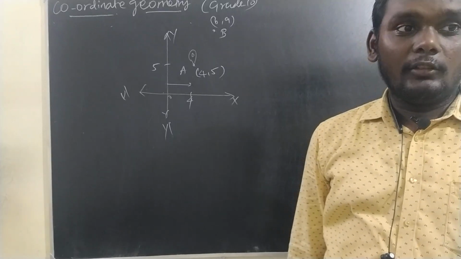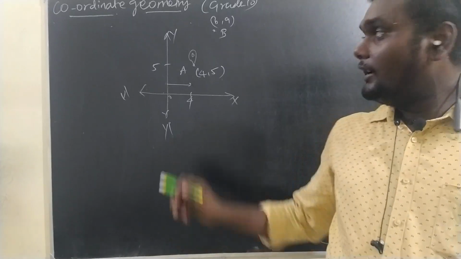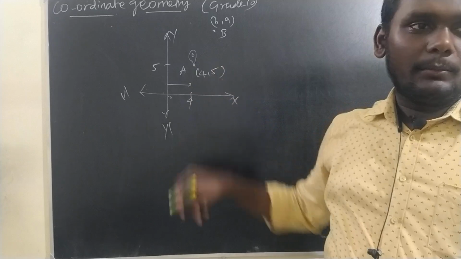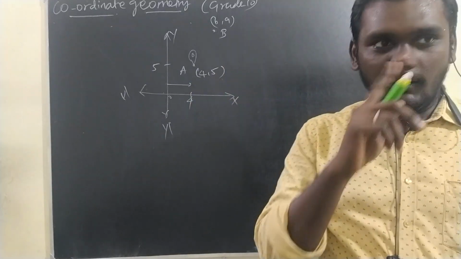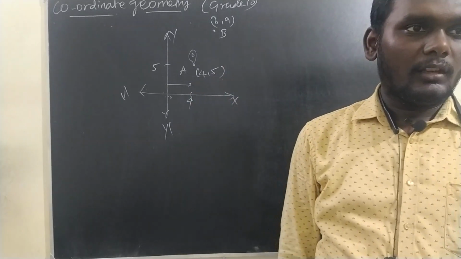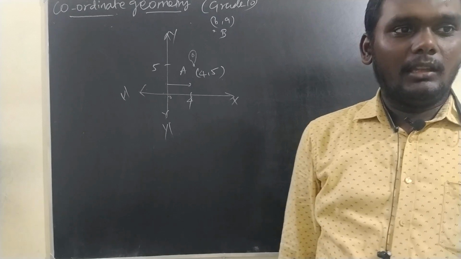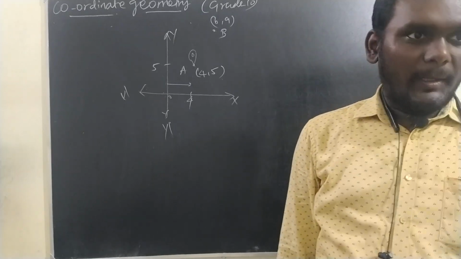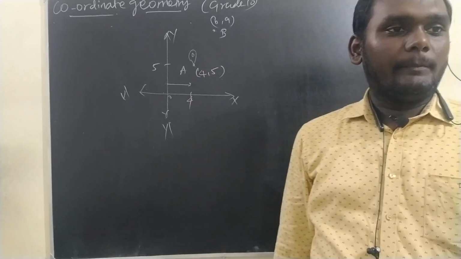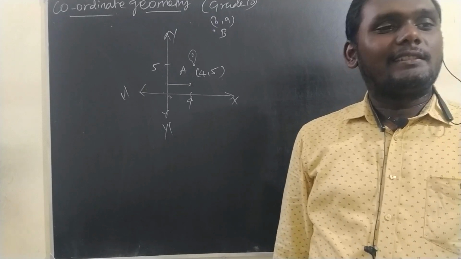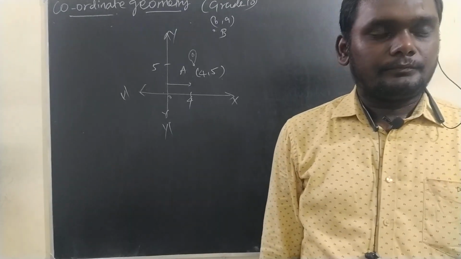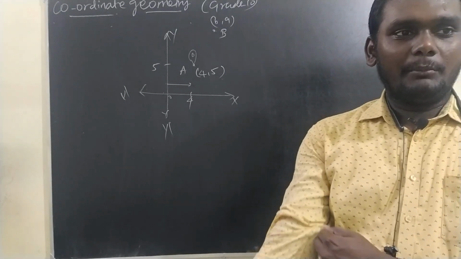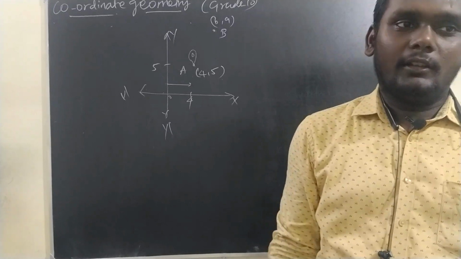Remember, in Google Maps they will treat the points, find the distance between the points, and apply whatever is required. Like GPS and all will be based on this. Okay, not entirely based on this, maybe this could be the first step. So for that kind of programming, we need to study all this.